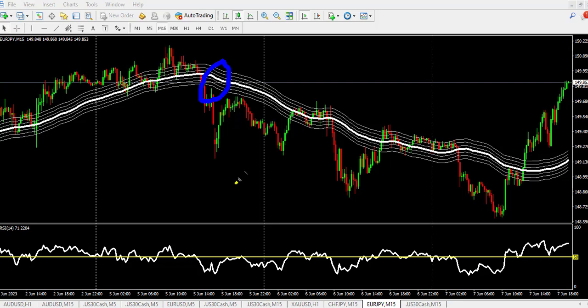So the first thing you have to look out for is this moving average. It's either the candle crosses and closes below the moving average. This is how to use this particular strategy. Number one thing you have to look out for, make sure the candle closes below all the moving averages that are combined together, all the lines, it must close below it.